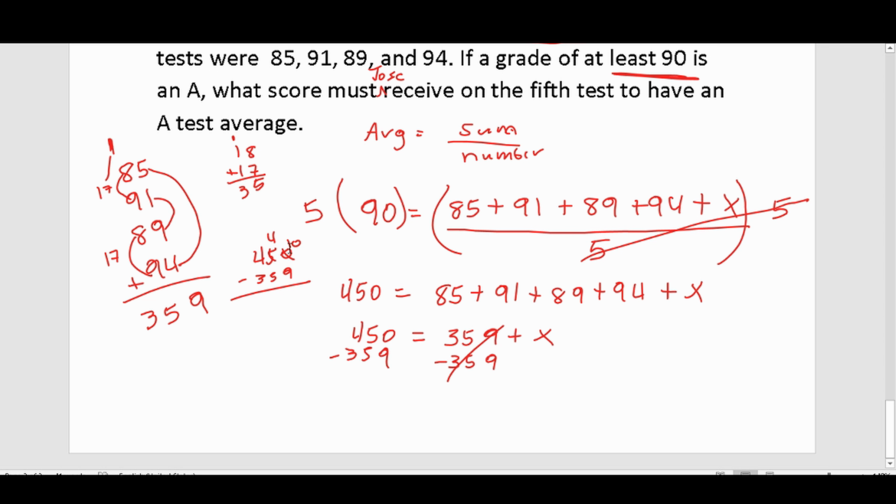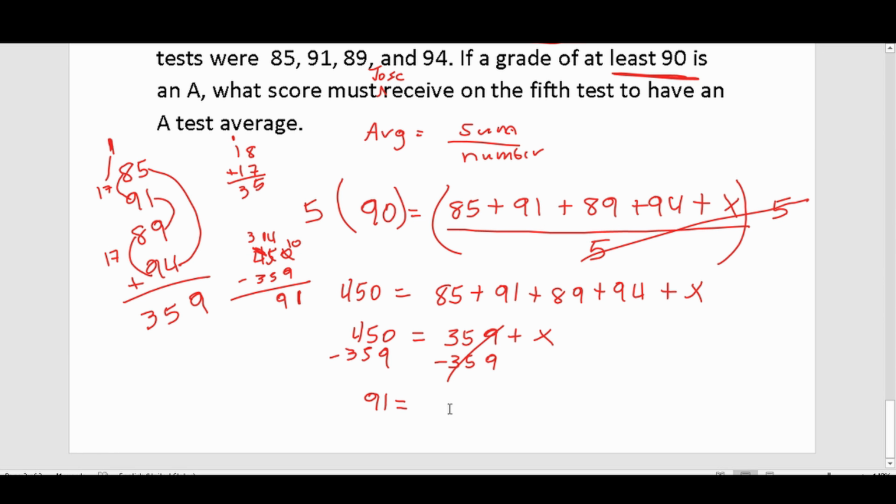This becomes 10. 10 minus 9 is 1. 4 minus 5 we can't do. So we have to borrow a 1 here. This becomes 3. This becomes 14. 14 minus 5, of course, is 9. And 3 minus 3 is 0. So we know 450 minus 359 is 91.